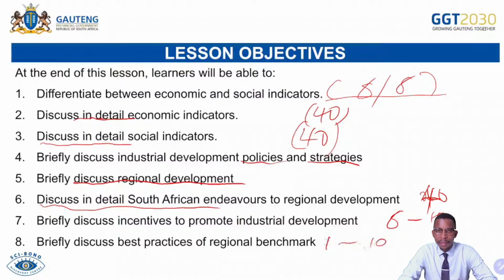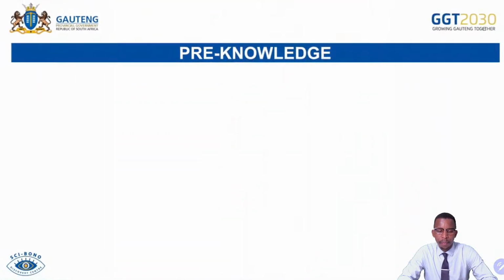And then it can be 8 if you have to briefly discuss 1 of them or 2 of them. That will be 8 marks. And it can also be 10 marks in case it comes as an additional part to South African and overseas regional or industrial development.